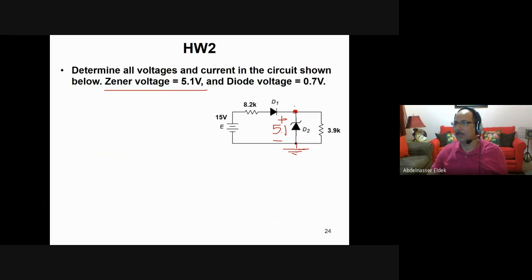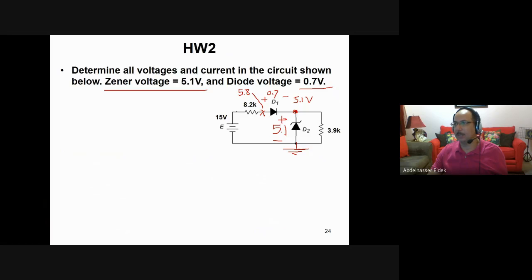Then you can calculate the voltage across the 8.2. How? This voltage here is 5.1, and I know that the voltage across this diode is 0.7, it is given here. Of course, this is positive, negative. Then if this is 5.1, this one is supposed to be 5.8, because 5.8 minus 5.1 is 0.7.